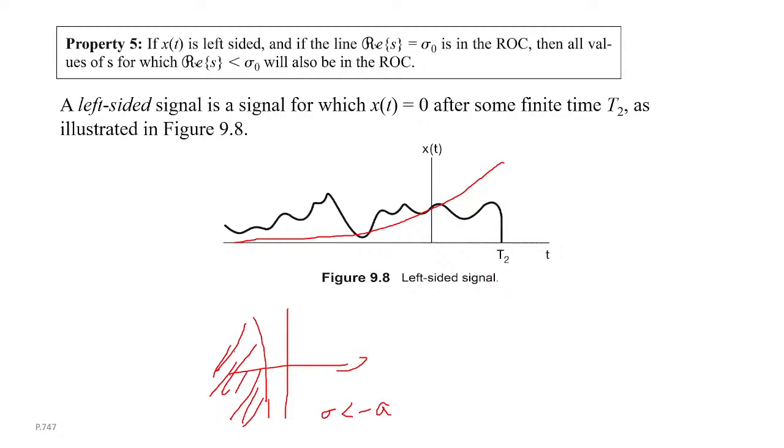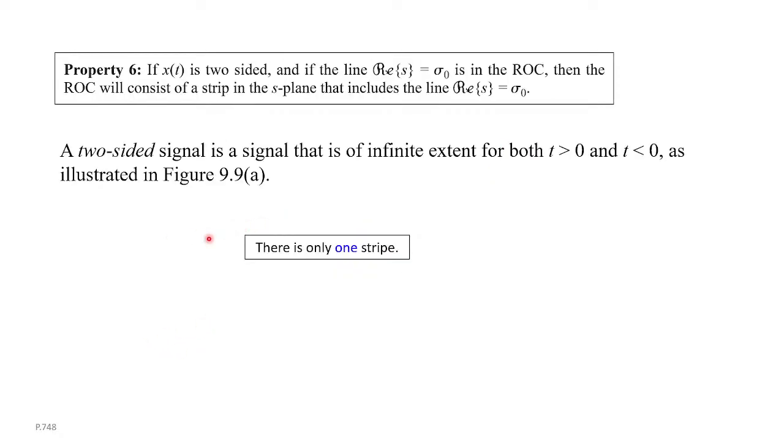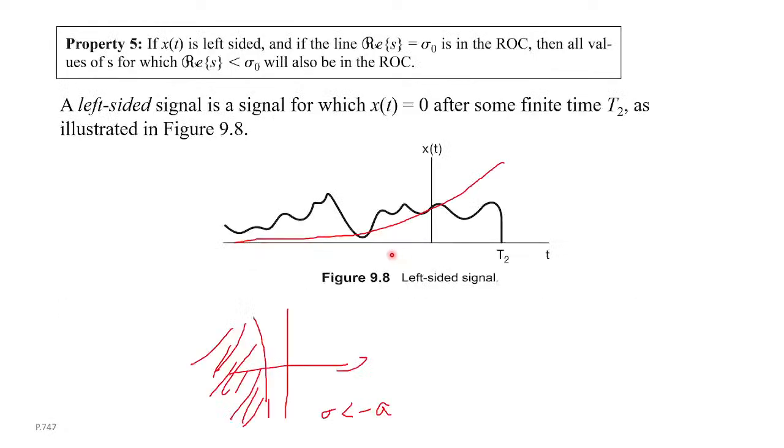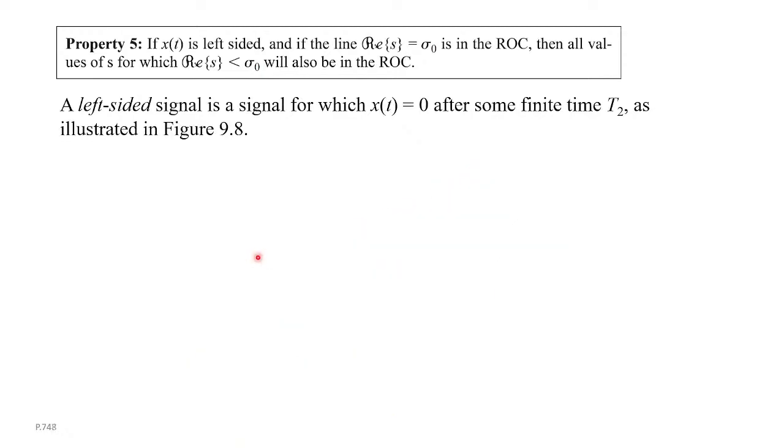A more formal way to say this is that whenever a point is in the ROC, the point to the left of it is also in the ROC. And the proof is similar. We actually don't have a picture here, but it just changes left and right.